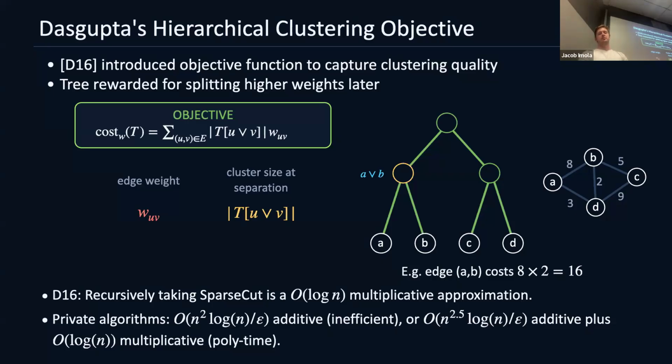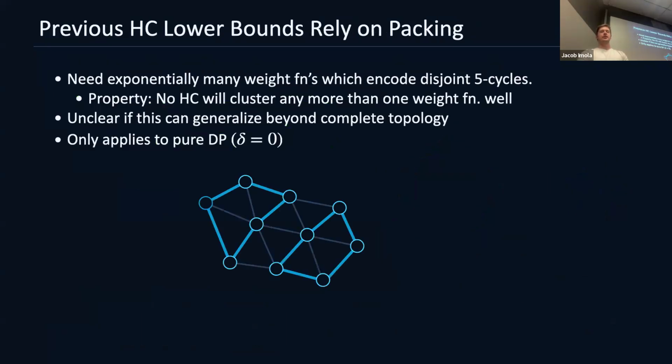We're focusing on the lower bound. The lower bound shows that the exponential time algorithm is optimal up to log factors, but it applies to the complete topology only. So we want to try and generalize that. That lower bound uses what's called packing in differential privacy.